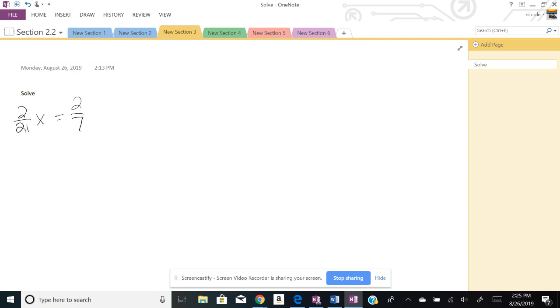So I really want to multiply by what they call the reciprocal, which is the same thing as what you've got in the x, except the denominator becomes the numerator and the numerator becomes the denominator. And remember, if you do it to one side, you've got to do it to the other side. Okay? So I got 21 over 21, 2 over 2, leaving me x is equal to, oh, those 2's cancel.